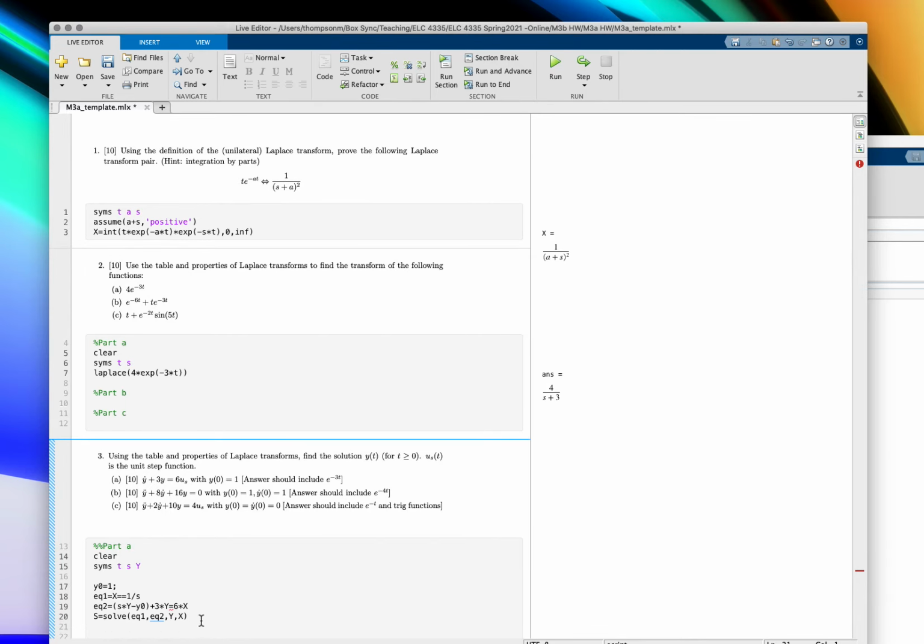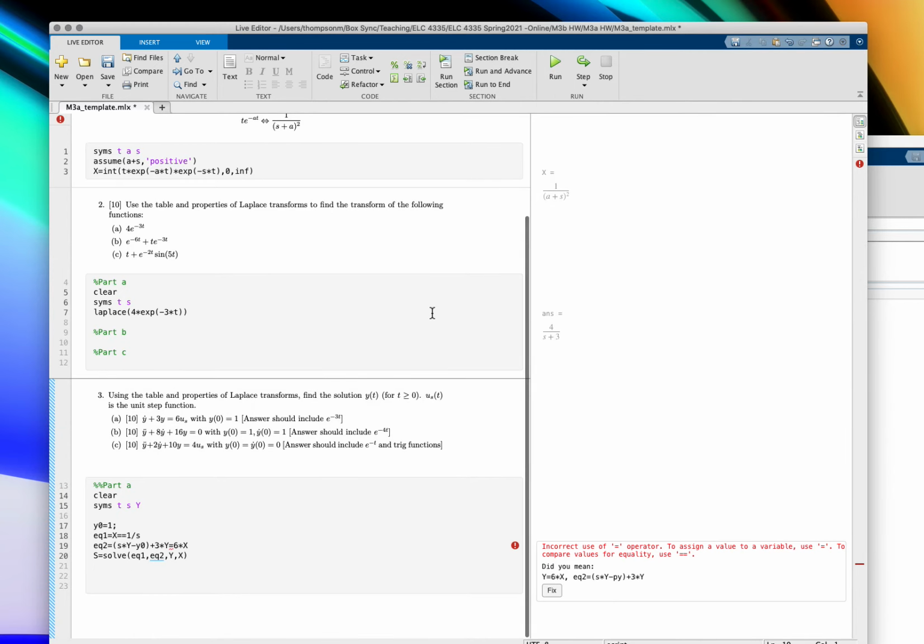Okay, so here's what you need to know. This is solving for 2 variables, but I only have 1 output variable. And what's going to happen in MATLAB is it's going to stuff that answer into a structure, okay? And so it's pretty easy to get, let me just run this and you can see what happens.